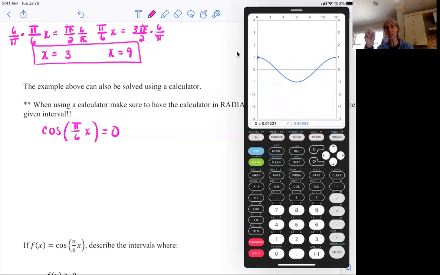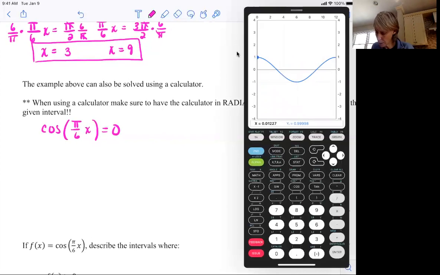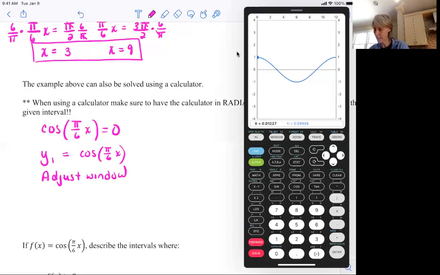So if you could see there, you're actually solving for 2 x-intercepts. So we're going to plug our equation into y1, right? And then adjust your window. And now we want to find the x-intercepts.